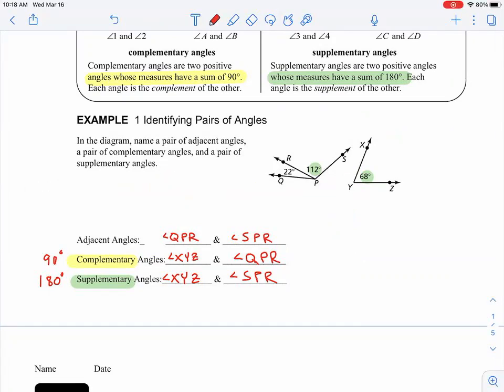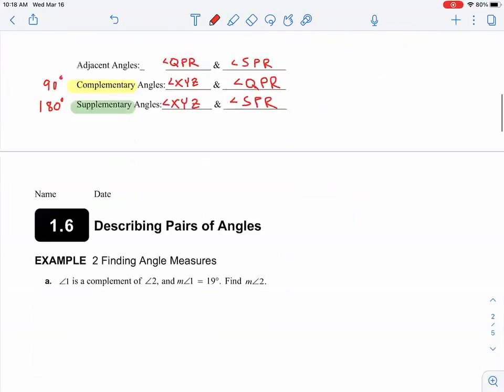All right, any questions yet? These are just vocab terms for you guys, and you'll probably refer back to your notes every now and then until we get used to these.